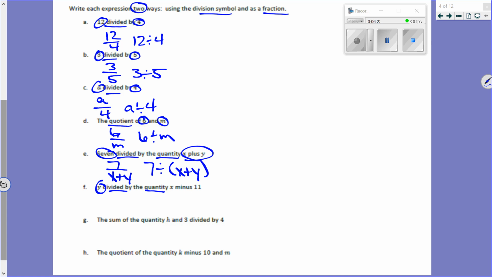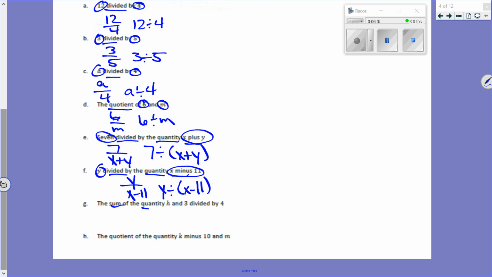Y divided by the quantity x minus 11. The sum of the quantity h and 3 divided by 4. And the quotient of the quantity k minus 10 and m.